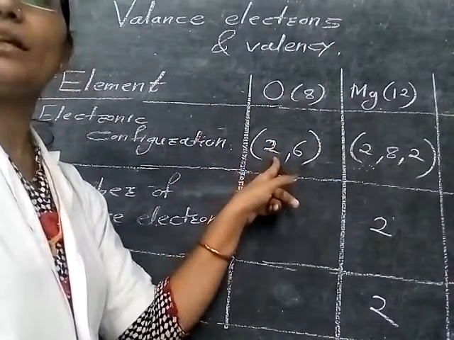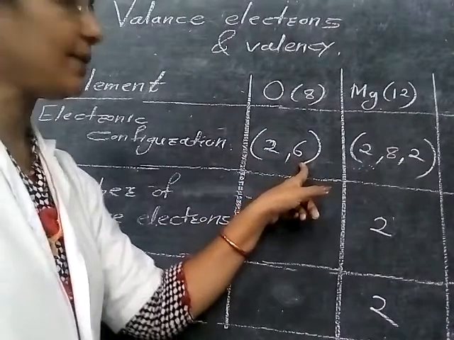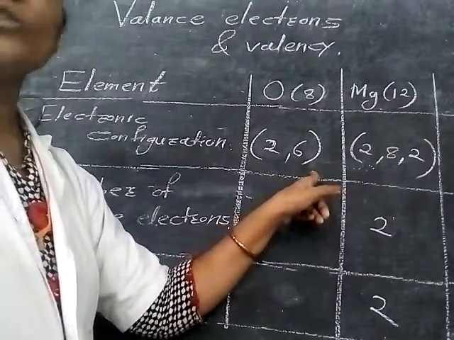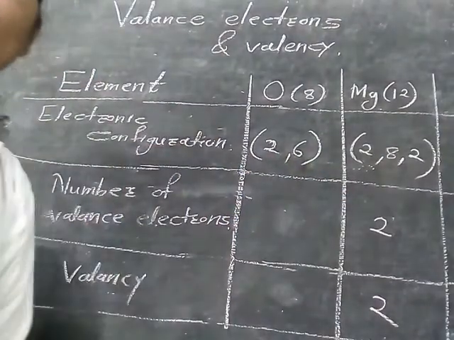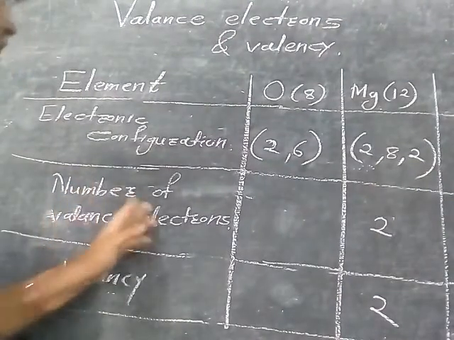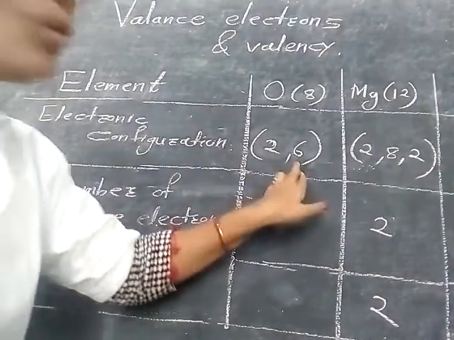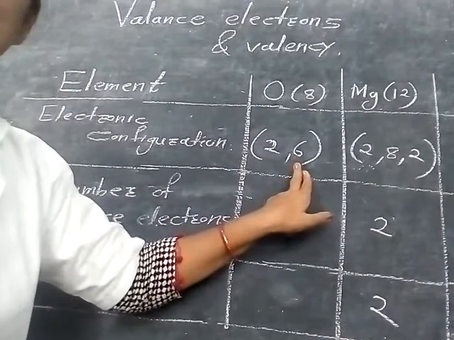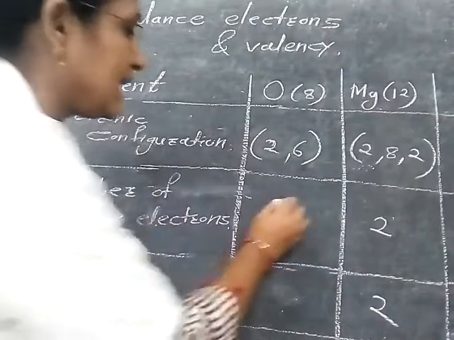In the first shell there are 2 electrons and in the second shell there are 6 electrons, so the electronic configuration is 2, 6. Now the question is the number of valence electrons. How many electrons are present in the outermost shell? Yes, 6. So the number of valence electrons is 6.